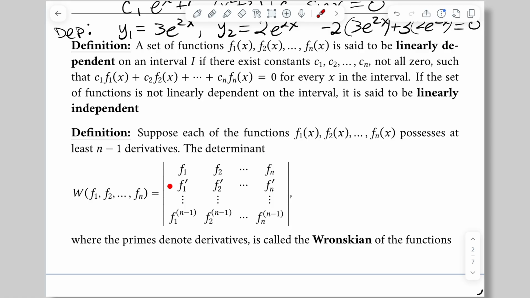The second row is each of their derivatives, and then we go down the line writing down each order of derivative until what we have is a square array of functions, because determinants only exist for square matrices, and we need to have the same number of rows as we have columns. Anyway, this determinant of functions is called the Wronskian.